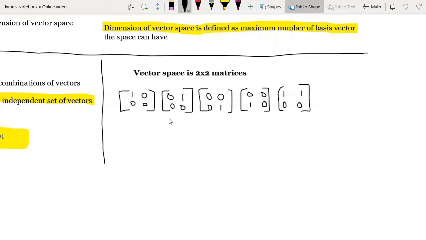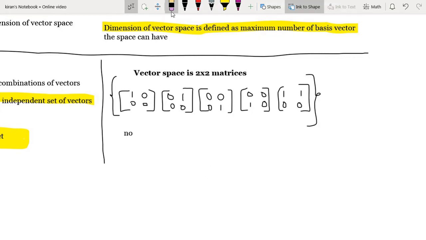So I have this particular set of vectors from the 2 by 2 matrix vector space. Now, are these vectors linearly independent? No, they are not. Why? Because this I can represent as a linear combination of this vector and this vector.